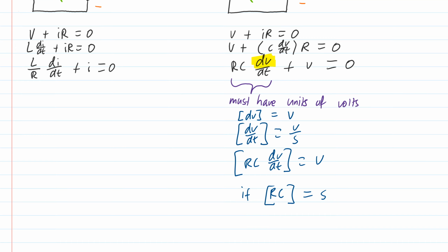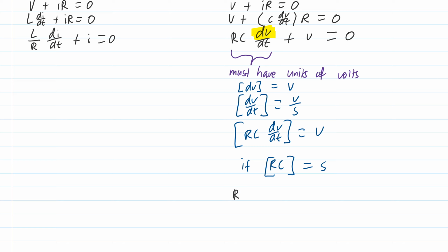This is actually the so-called time constant of our system. The parameter RC is called the time constant of the circuit. Just the value of the total equivalent resistance and the value of the equivalent capacitance multiplied together gives us this time constant.